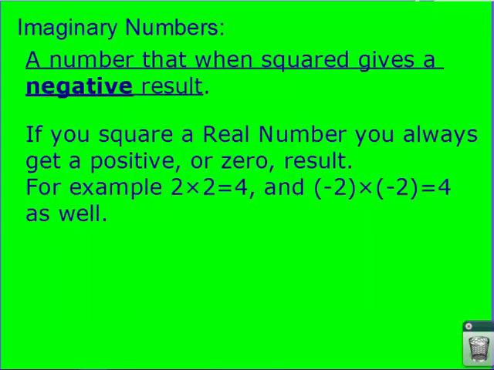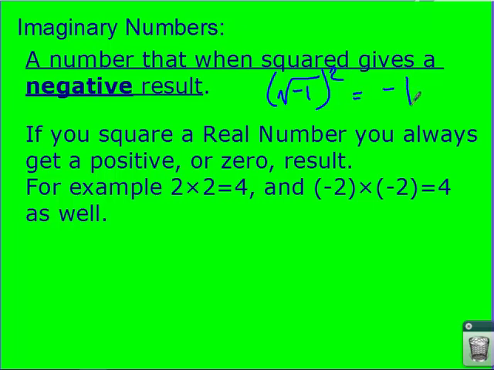Imaginary numbers are numbers that, when squared, give a negative result. I know that's kind of a difficult thing to understand, but if I were to take the square root of -1 and square that, I would get -1 as an answer.